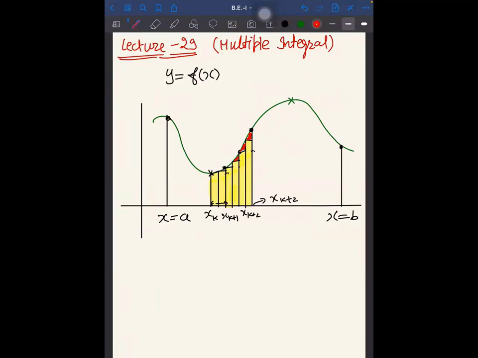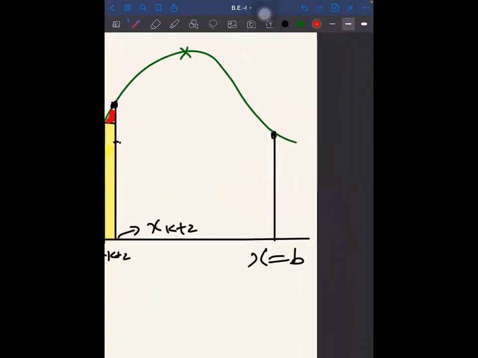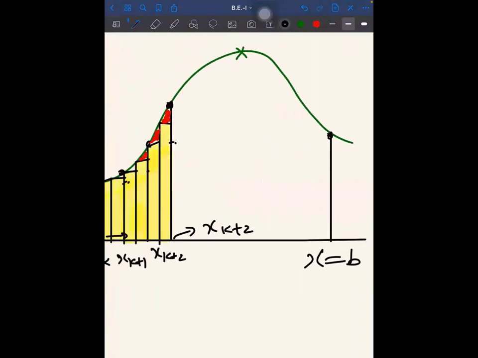Now there is one more way, that is computing the upper rectangles. Let's say this, and then this, and then this, right? By computing upper rectangles, you will be getting this.